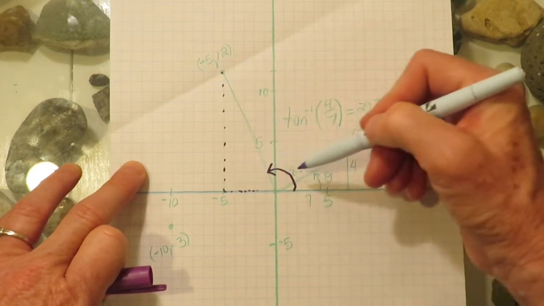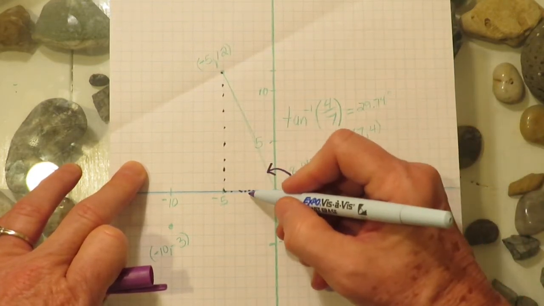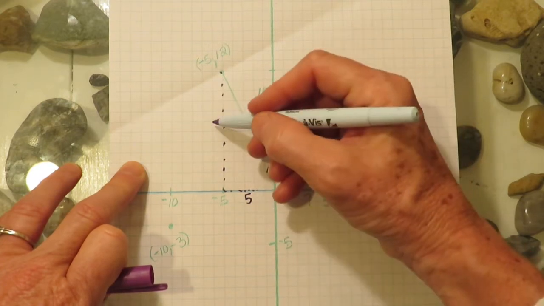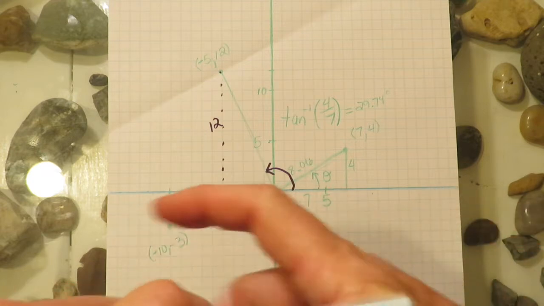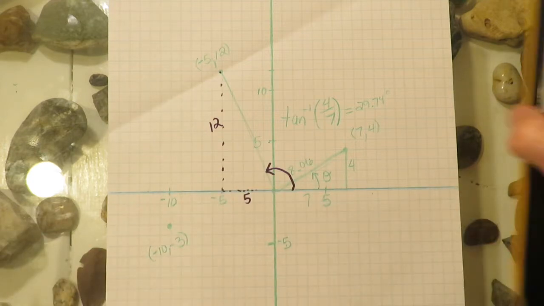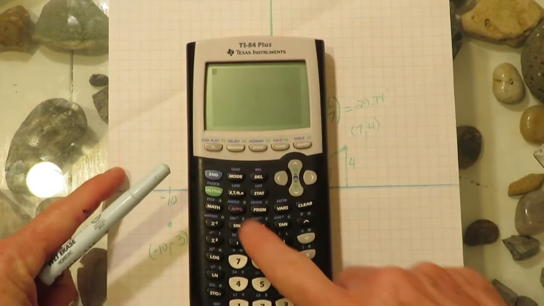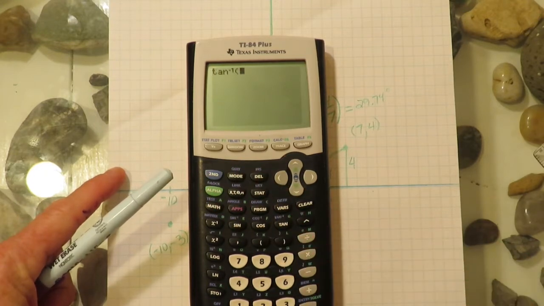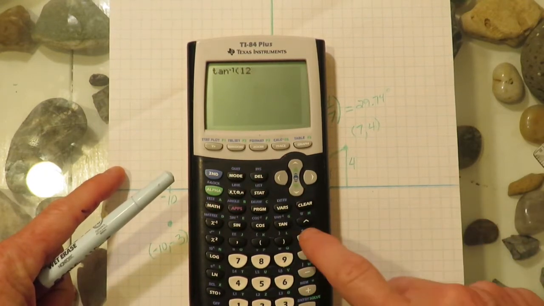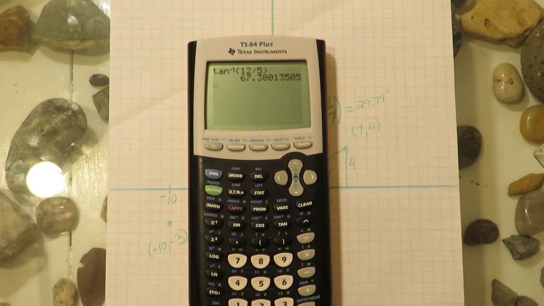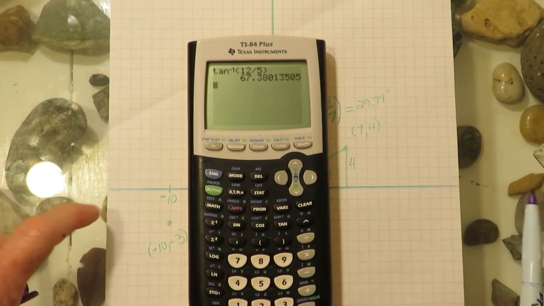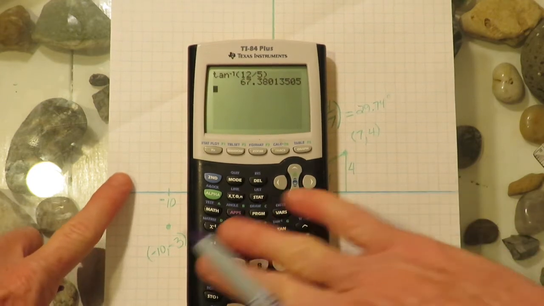So let's use that right triangle. This side is a length of 5, this side is a length of 12, and so if I use my calculator, and again I'm in degree mode, the y was a length of 12, the x was a length of 5, and I get an angle of 67.38 when I round to the hundredths place.